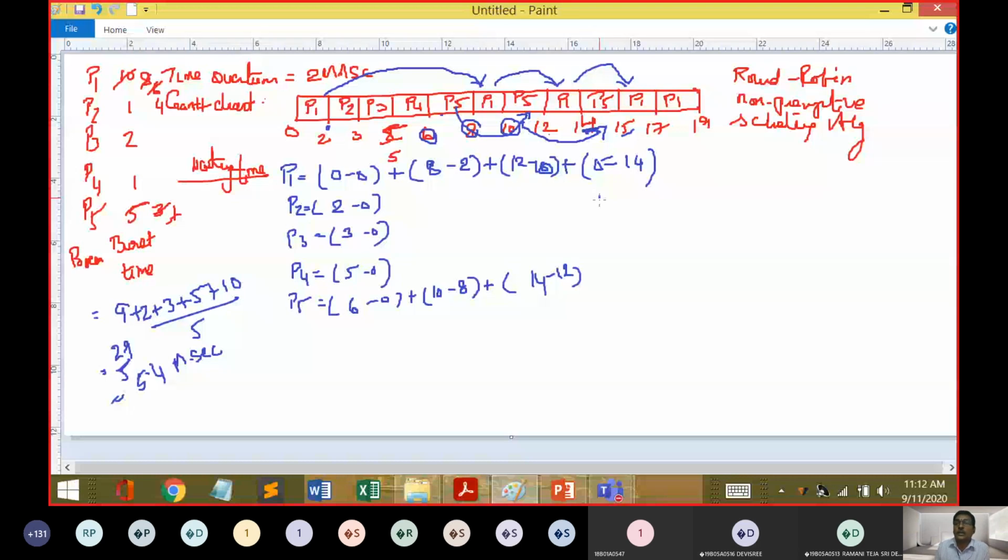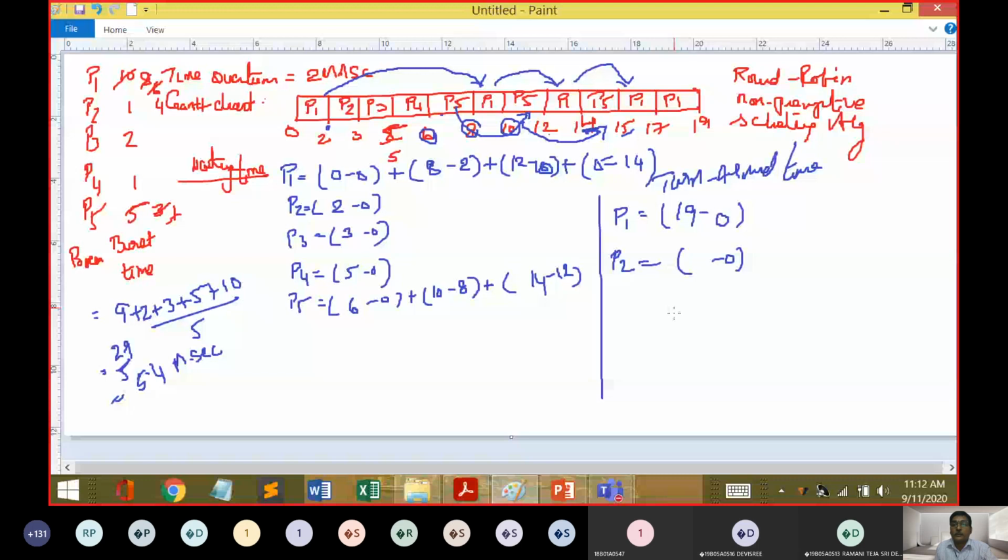And now let us work on the turnaround time, so job submission to job completion. So no intervals, right? P1 has arrived at 0 and P1 has completed at 19. P2 arrived at 0, P2 completed at 3.